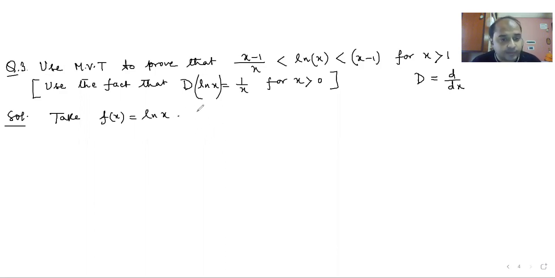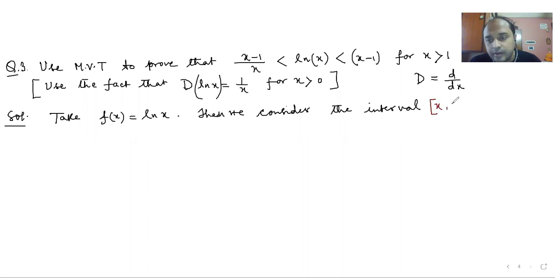Then the hardest part: we consider the interval x, 1. You have to think. I am giving it to you because I have solved the problem. I know that if I consider the interval in this manner, then the problem can be done.